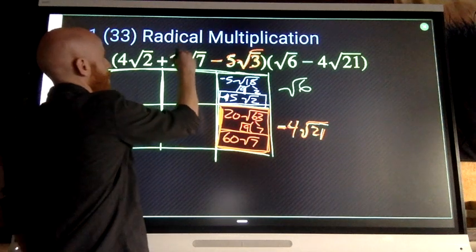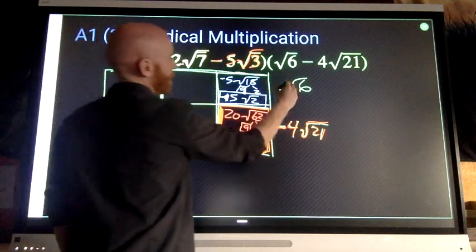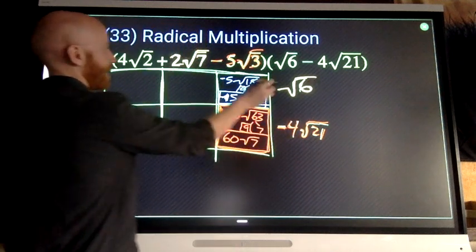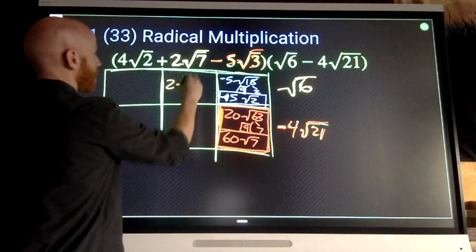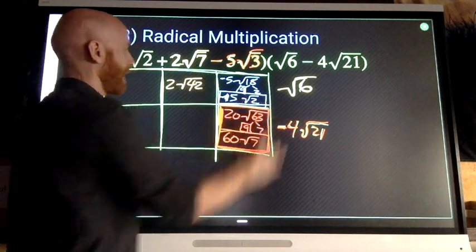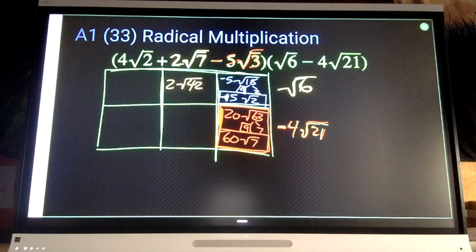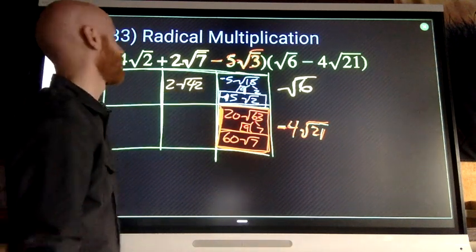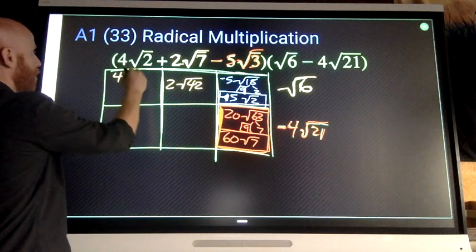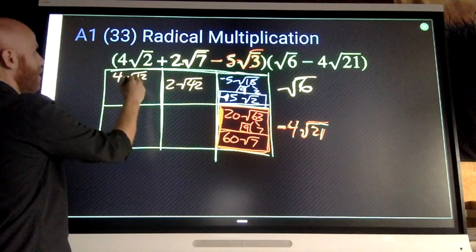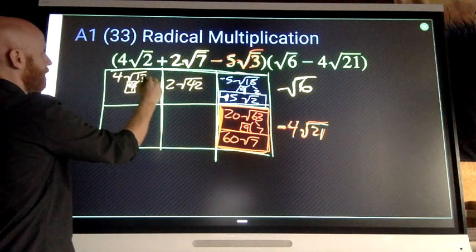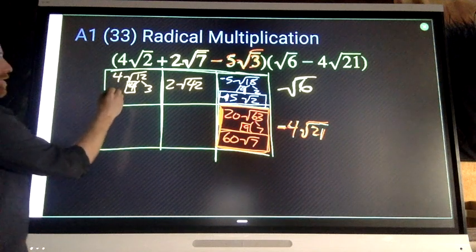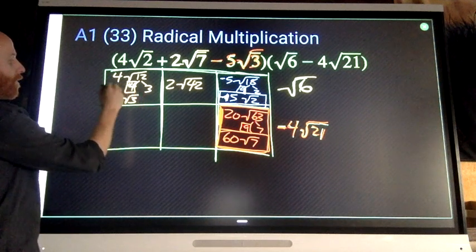Let's go, 2 root 7 times the square root of 6. You've got 7 times 6 is 42, 2 square root of 42. That 42 can't get broken down at all. 4 square root of 2 times root 6 will be 4 root 12. 12 breaks down into 4 times 3. Square root of 4 is 2, bring it out. 2 times 4 is 8 root 3.